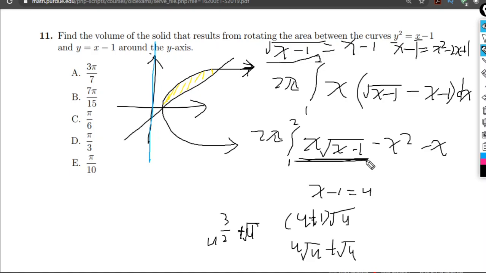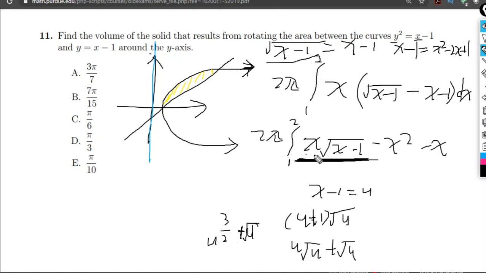And you don't really know how one is gonna work better than the other one until you actually solve it. But in this case, it seems like the disk method actually might work better, since this might need u sub and some complicated stuff.